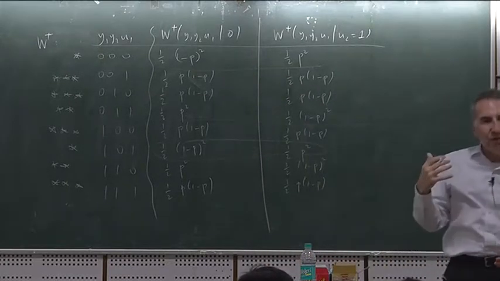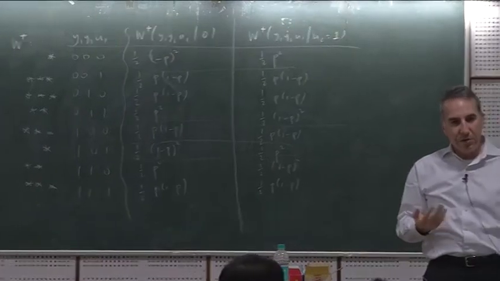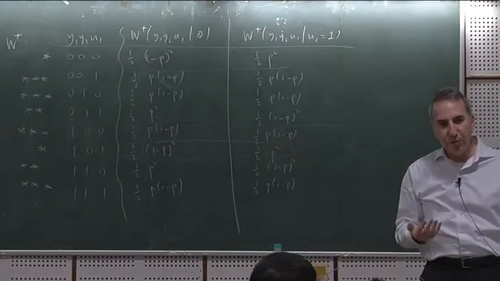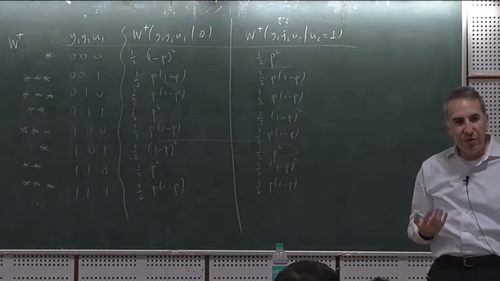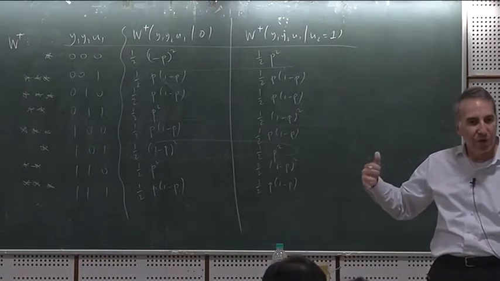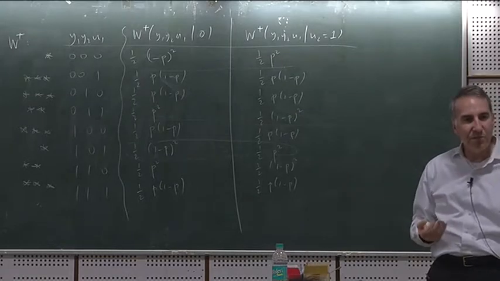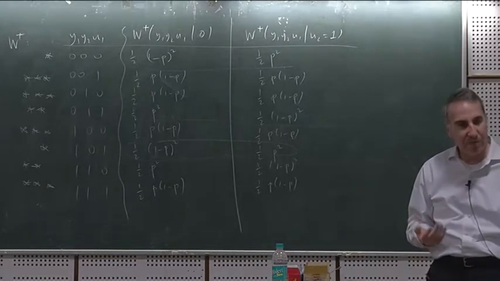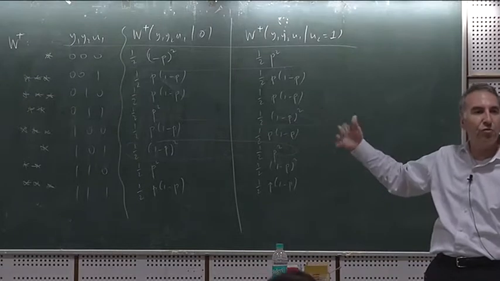Because of this, these two outputs don't differentiate each other. So whether I have the one or the other, it doesn't make a difference. I have the same information about the input, regardless of these two things.